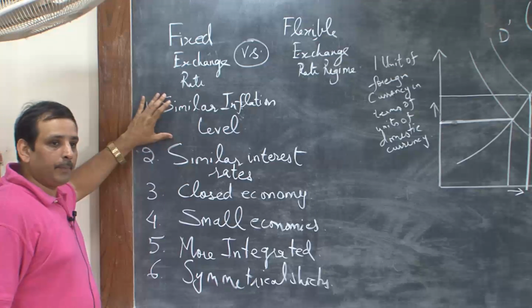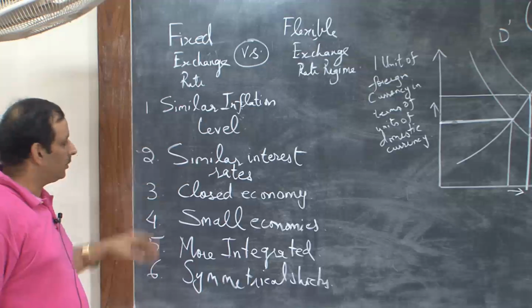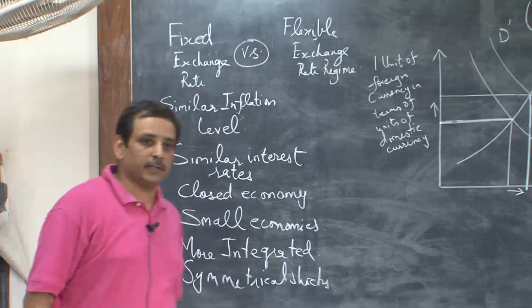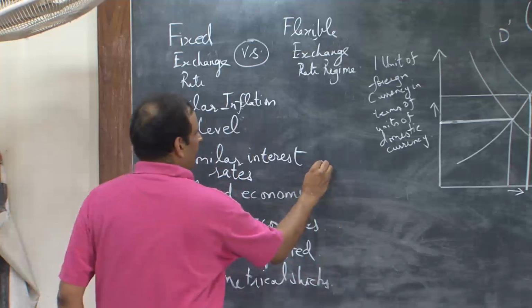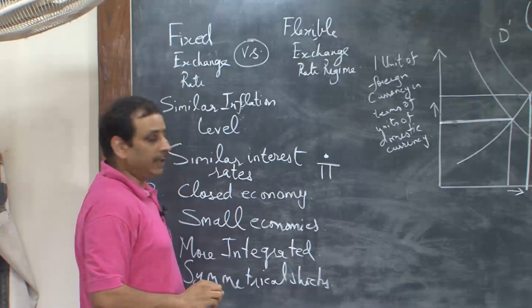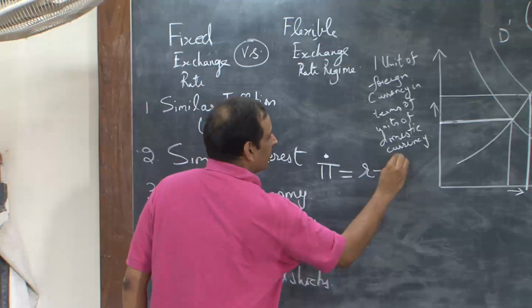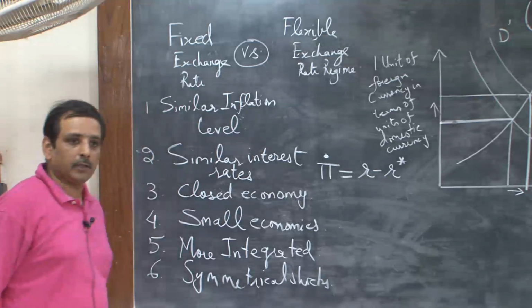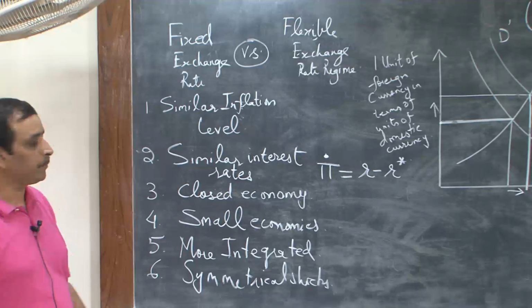And why? Because if you recall, when we were discussing the open interest parity, the expected rate of change of exchange rate, pi dot, was the difference between the interest rate which prevailed in your country and the foreign country.